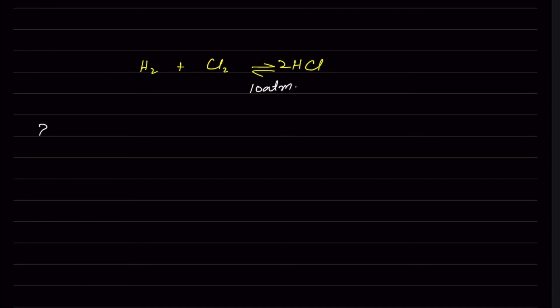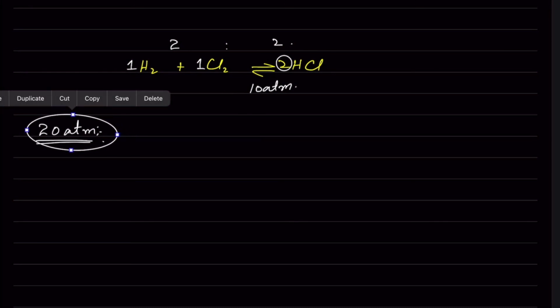If I change the pressure, suppose I'm going to make it 20 atm, what will happen to the position of equilibrium? On the product side, there are 2 moles, and on the reactant side, there is 1 and 1. On both sides, the number of moles are the same. So by changing the pressure, equilibrium will not change, it will remain the same, and equilibrium will shift neither to the right side nor to the left side.